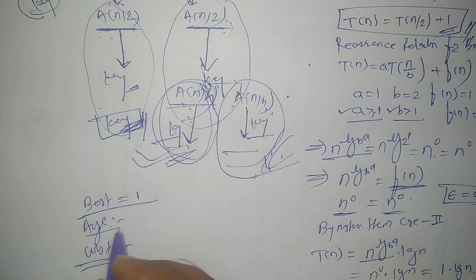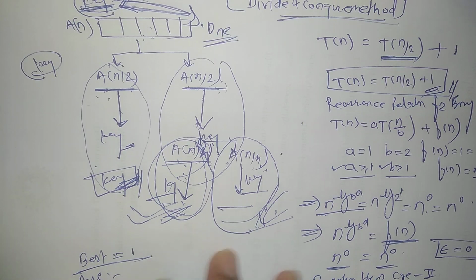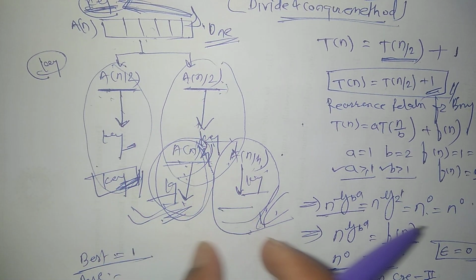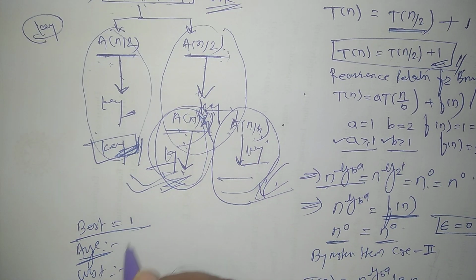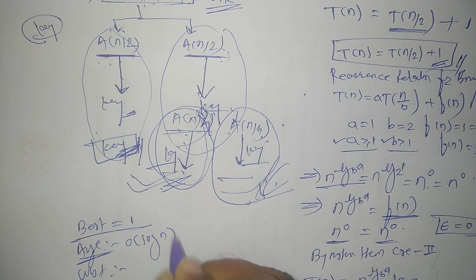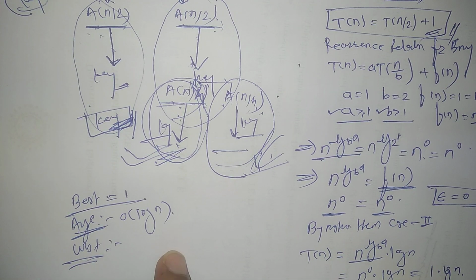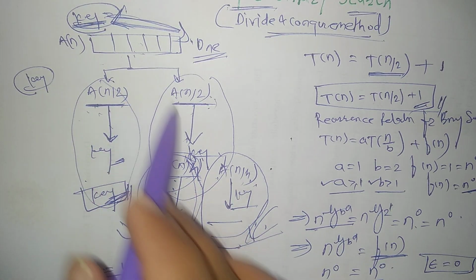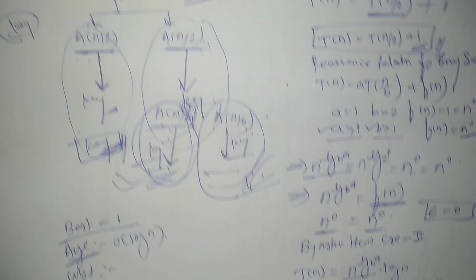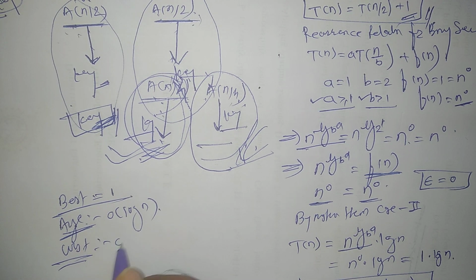In the average case, I have to perform all the activity till I find the key value, so it is O of log n. In the worst case, I still have to perform all the activities of binary search using divide and conquer. It is O of log n.